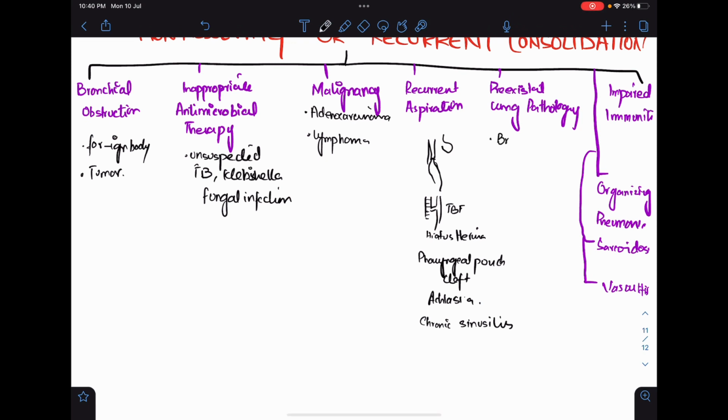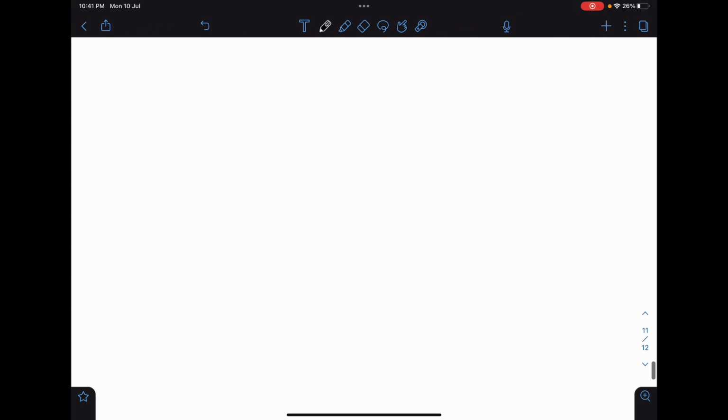Pre-existing lung pathology is bronchiectasis. Impaired immunity is in patients who are on prolonged steroid therapy or are immunosuppressed, patients having diabetes, HIV, organizing pneumonia, sarcoidosis, and vasculitis.